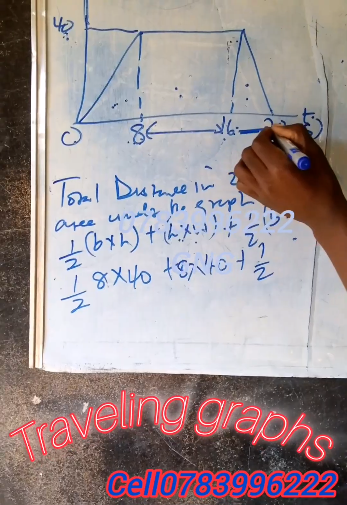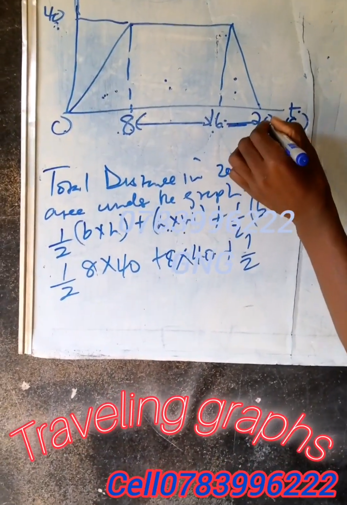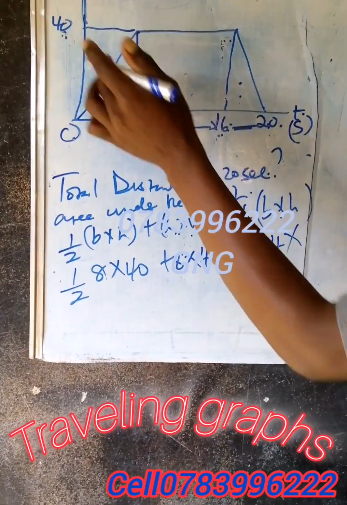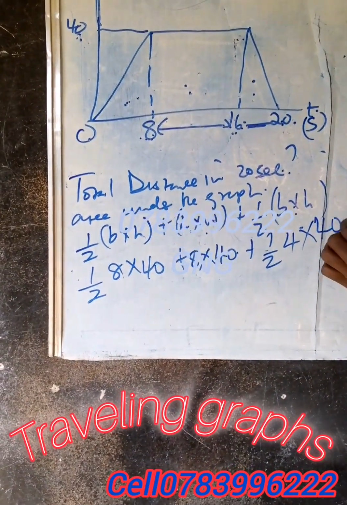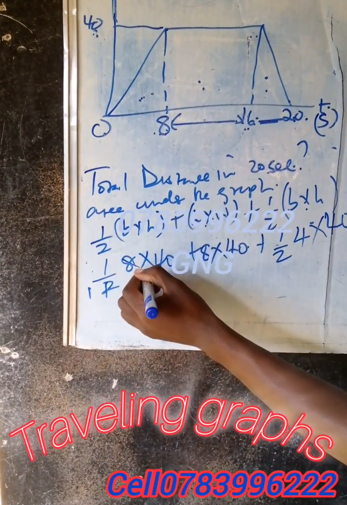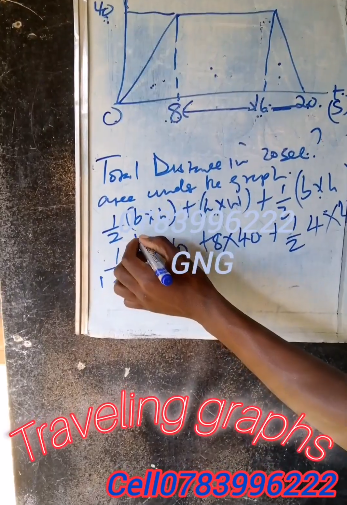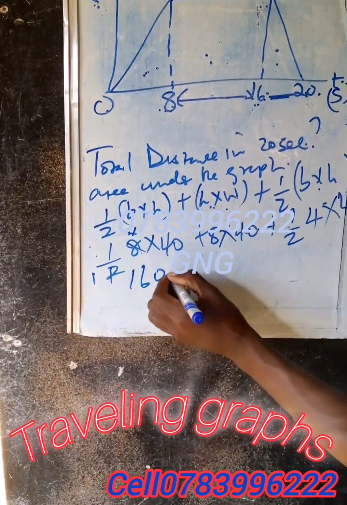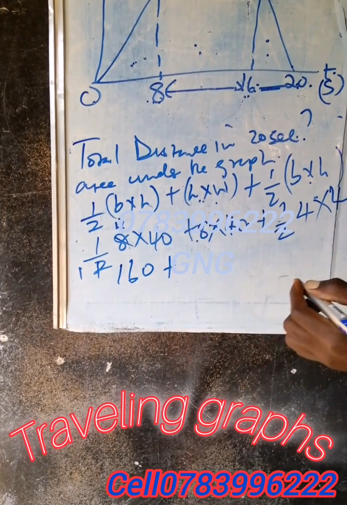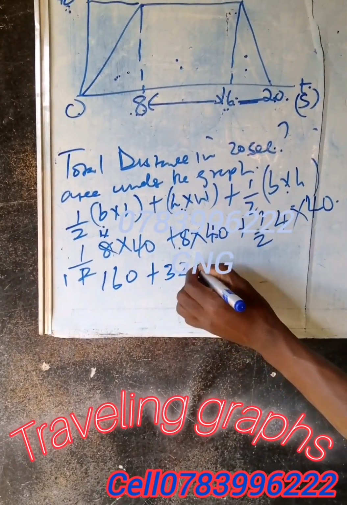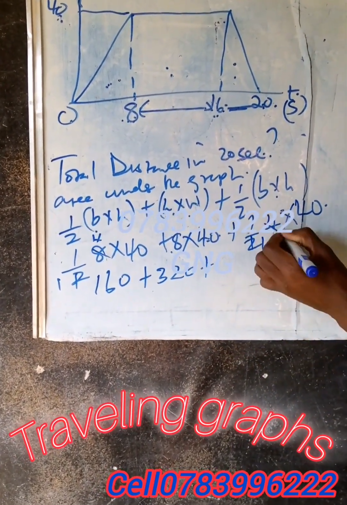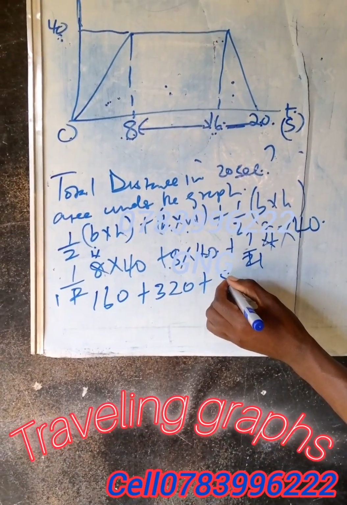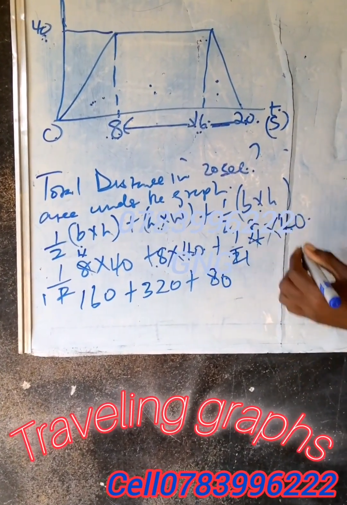From 16 to 20, or we can say 20 minus 16 is 4, our base, times our height, which is 40. So 2 into 8 we get 4, 4 times 40 gives 160, plus 8 times 40 is 320, plus half of 4 is 2, 2 times 40 is 80.